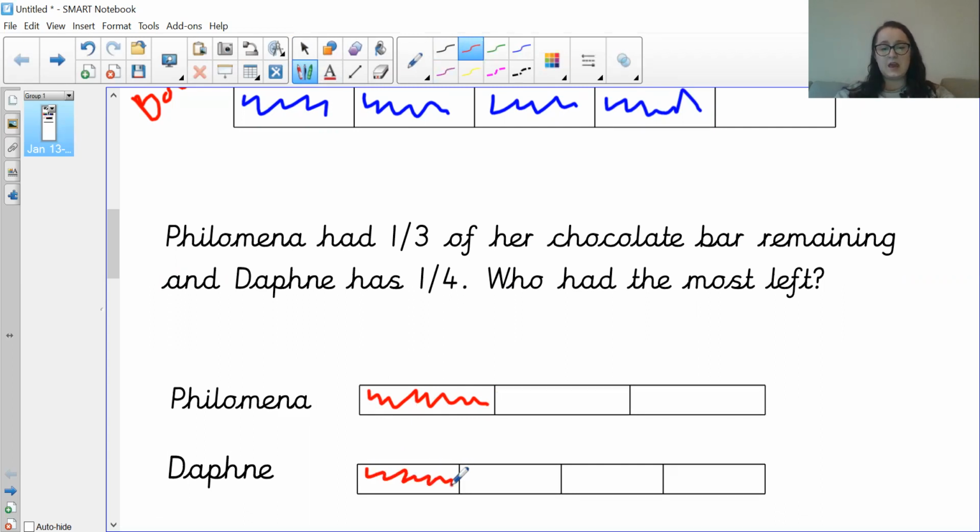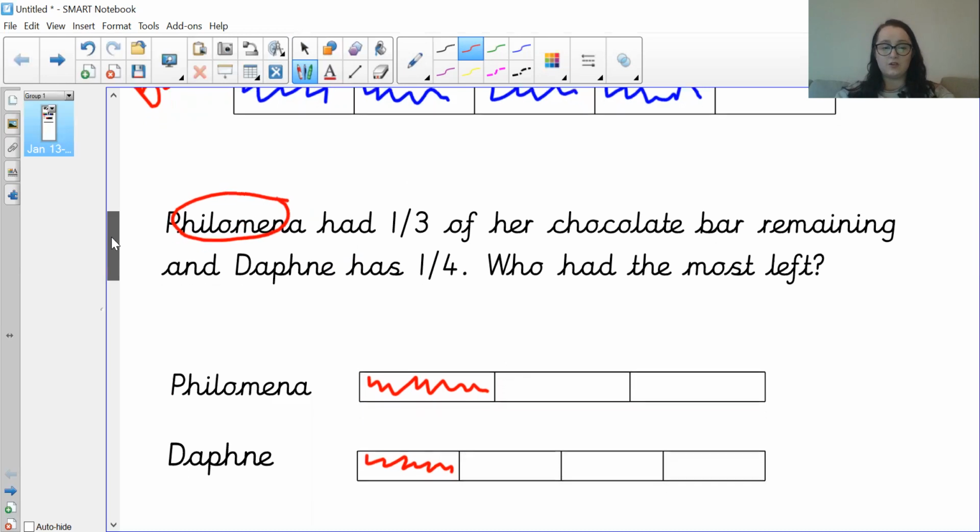Now you can see here who has the most already. Philomena has the most because even though her pieces are cut up into thirds, the thirds are a bigger part than a quarter. It starts at the same side, but the third is just that little bit bigger than a quarter. So the answer is Philomena.